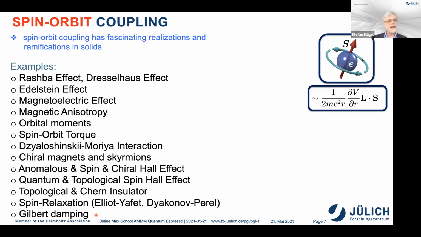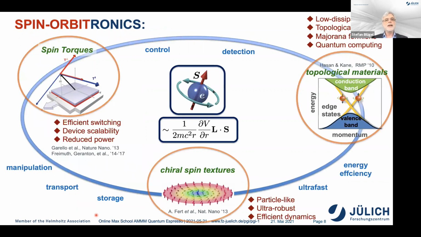And I cannot explain all this in my lecture, but I would like to make you aware that based on this spin-orbit interaction, there is an entire field which we call spinorbitronics. And for example, the spin-orbit interaction creates an interaction between the spins of atoms, which is the Dzyaloshinskii-Moriya interaction.